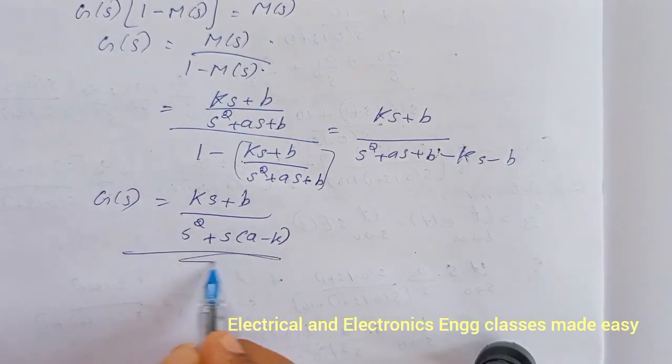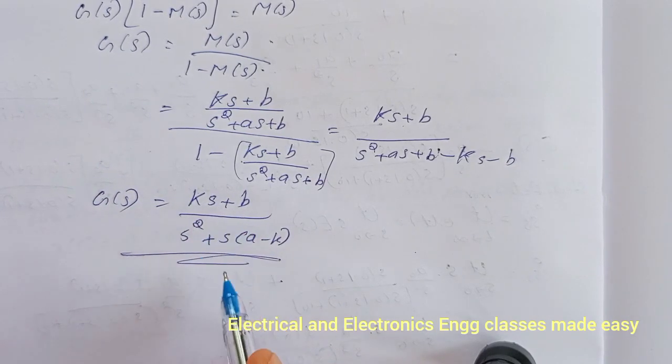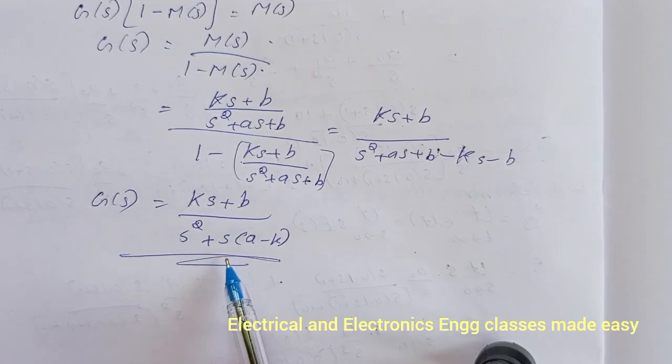So G of s is equal to Ks plus B divided by S square plus S into A minus K.